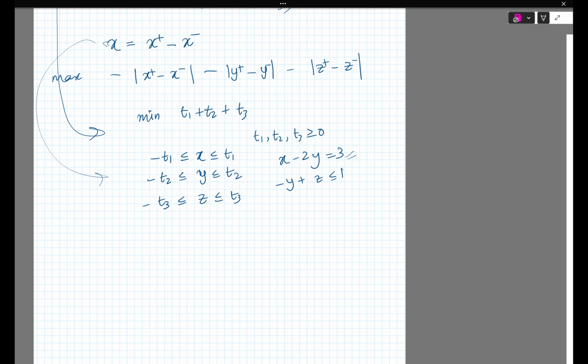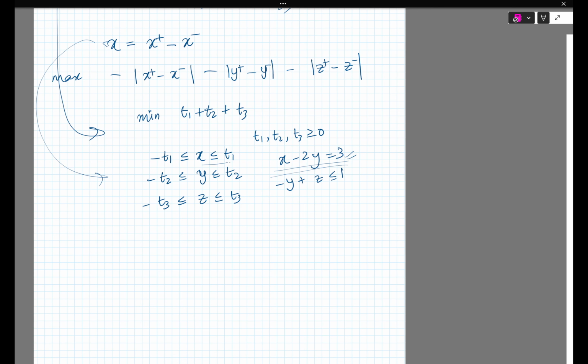x is less than or equal to t1, that inequality, right? This one and the middle one. Why do you want to do that? Because we have to calculate the x minus 2y value, right? That's a constraint, yes.